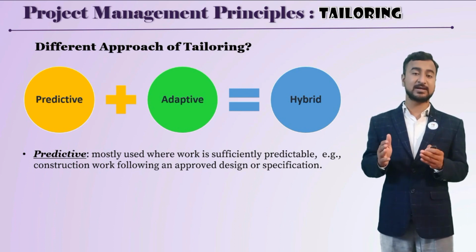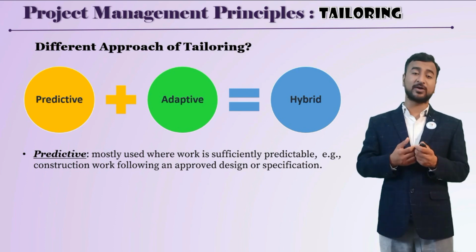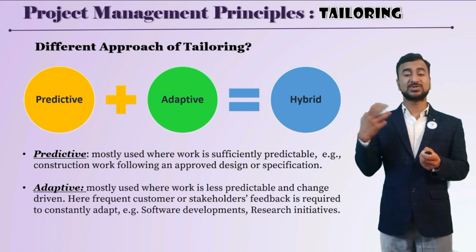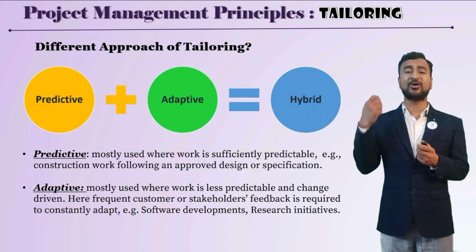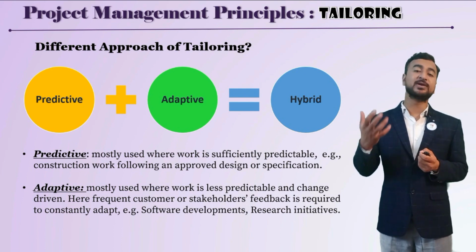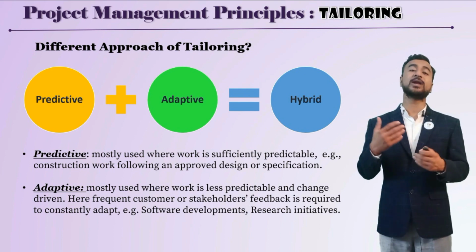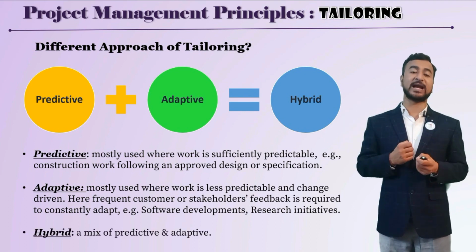At that time, we can go with the predictive approach, or what we call the waterfall methodology. But in software development or research, when you don't have clarity on the end goal or the requirements are not that clear, it's preferred to go with adaptive so you can play around with things. And hybrid is a mix of both predictive and adaptive.